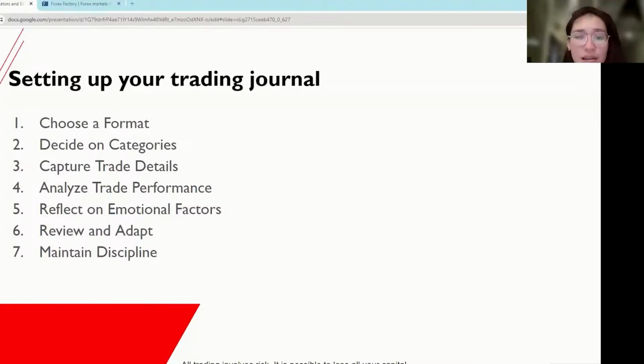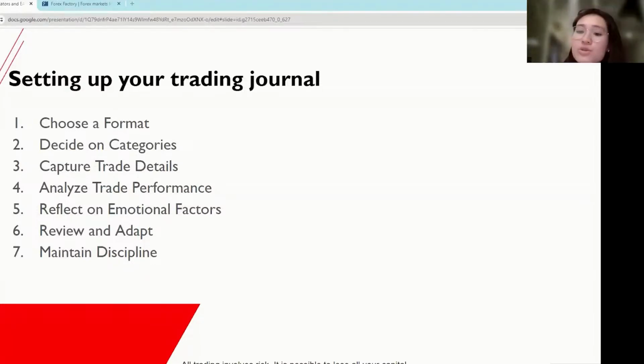Number two is to decide on the categories. So this basically means to define the categories of information that you want to include. So it can be the date and time, trade symbol, entry and exit prices, position sizes, stop loss, take profit levels, trade duration, and trade outcome.